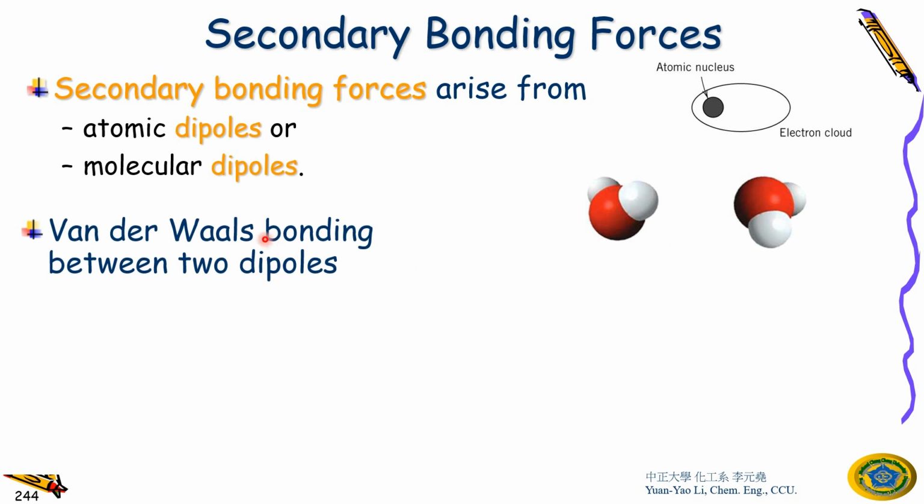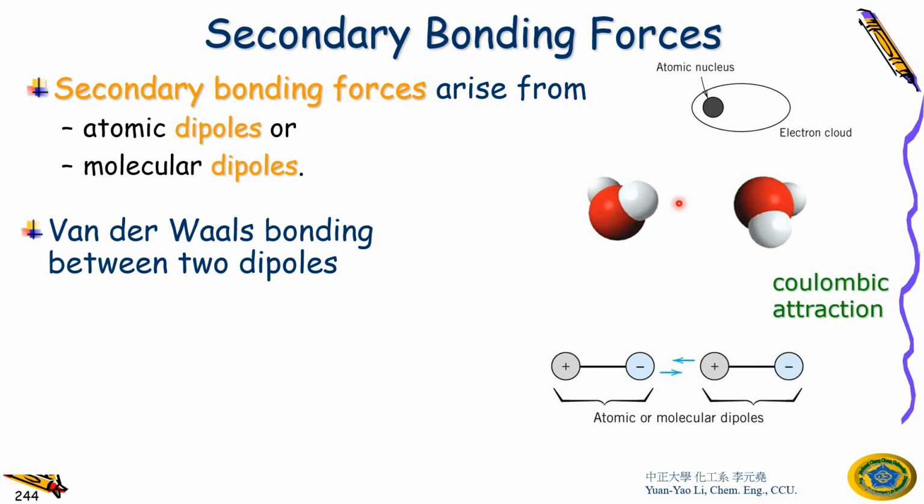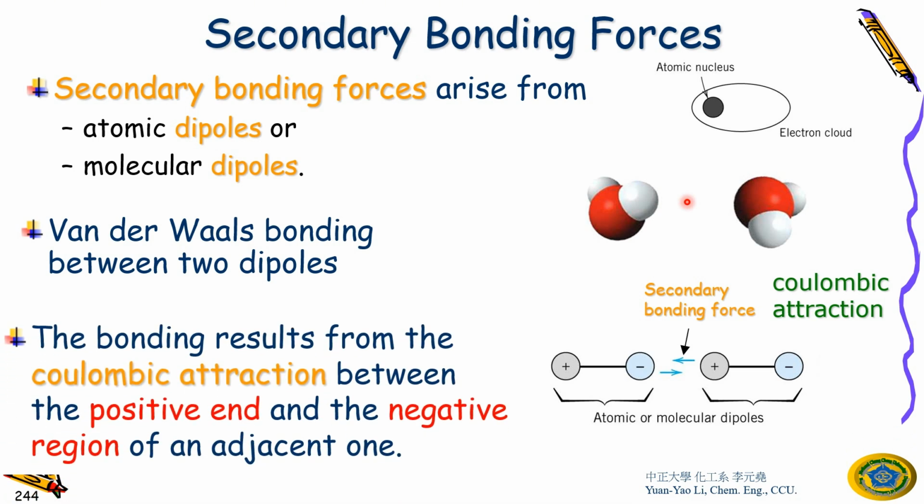So when there is bonding between two dipoles, you have interaction between these two waters, right? This is not a chemical bond, this is a physical bond, because what? Because you have a positive charge region and a negative charge region, and they will be close and attracted to each other. So the bonding results from the Coulombic attraction, right?